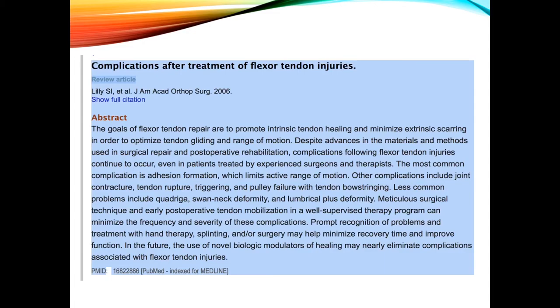But other patients we've seen develop PIP flexion contractures, triggering, bowstringing, even quadriga or swan neck deformities. Lumbrical plus deformities are things that can happen as well. Now, you can prevent this with a very, very meticulous surgical technique and then a strong post-operative, well-supervised therapy program. And that's what we're trying to develop here at JPS.